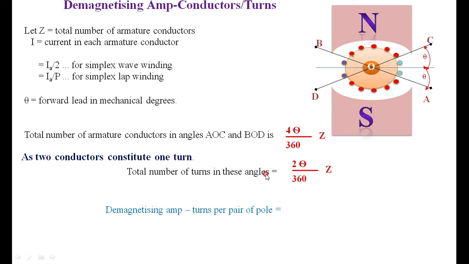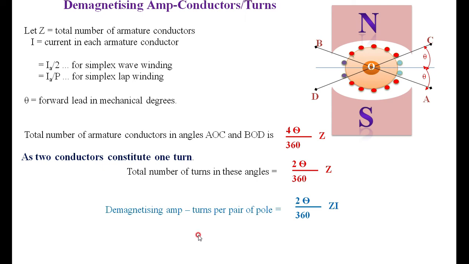Therefore, demagnetizing ampere turns per pair of poles is 2 theta by 360 into Z I. Therefore, what I am interested in is the demagnetizing ampere turns per pole.